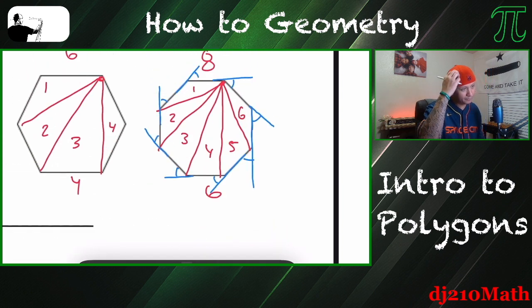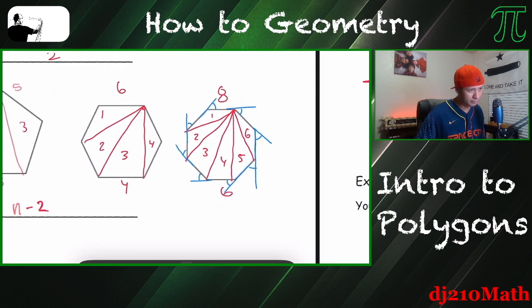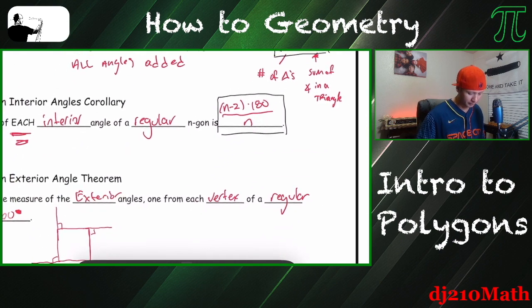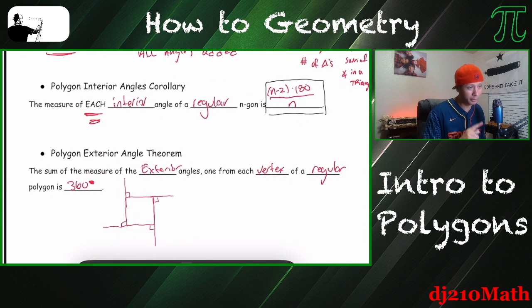And a neat property is that when you add up all these angles, regardless of the number of sides, it's always going to be 360 degrees. It's the beauty of it. So exterior angle, the sum is always 360. It's going to play a role later, but using this fact will make some of the calculations easy.